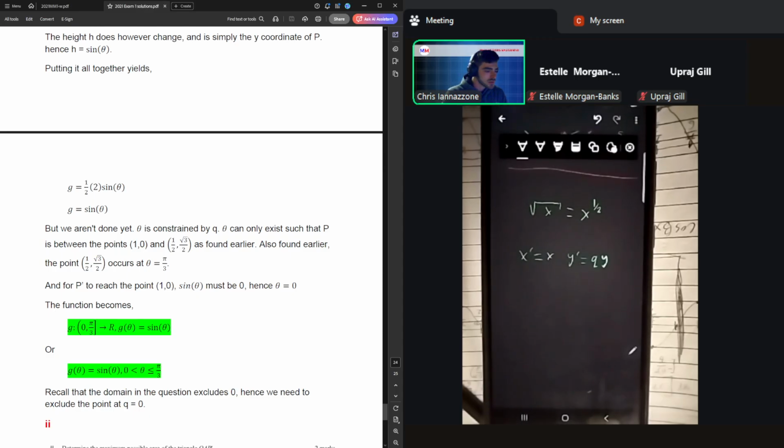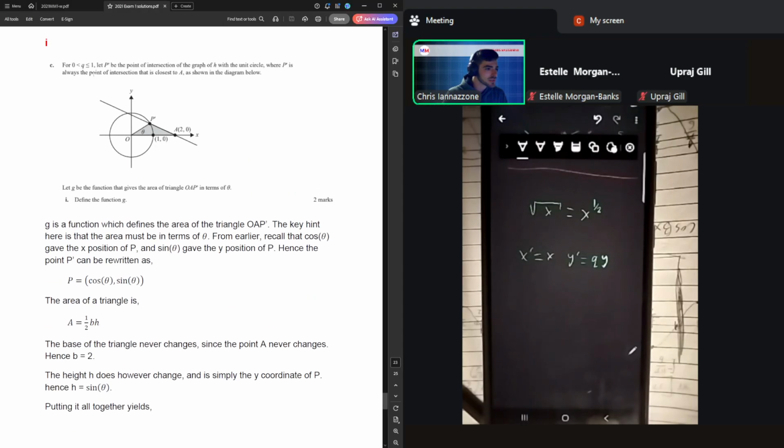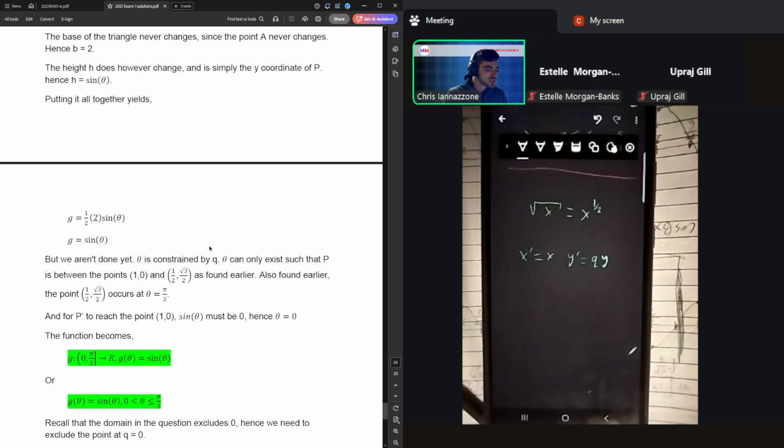Okay, so what we have here is still the same thing that's been transformed by Q. So we're still constrained by our Q domain that we had from earlier. And so, long story short, we're just going to be borrowing the theta value from earlier.